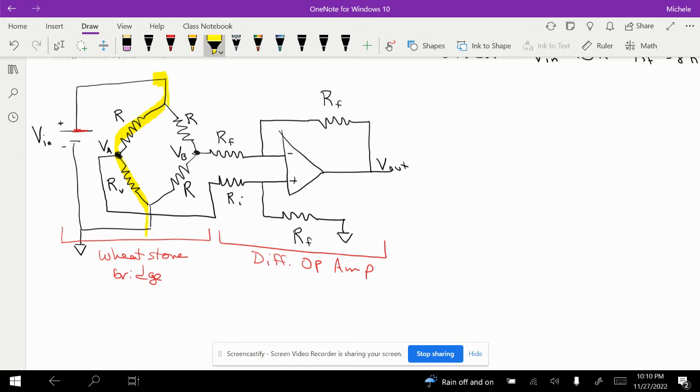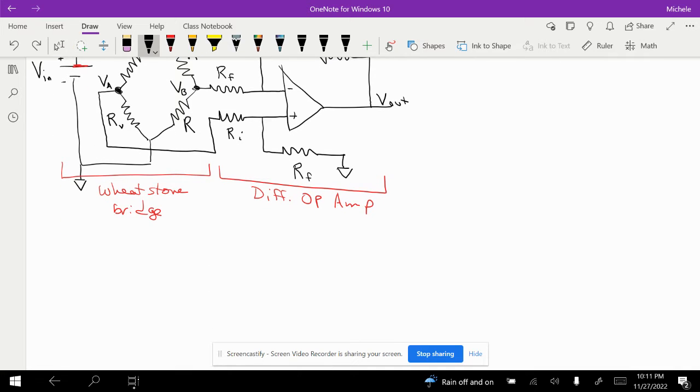So we have 10 volts that we're dropping across R and RV to 0. And then for our other side, we have the same thing. So we have this voltage, 10 volts, and we drop it across this resistor and across this resistor to ground. So really what we have is just two voltage dividers. So if we were to redraw this, we would draw this.